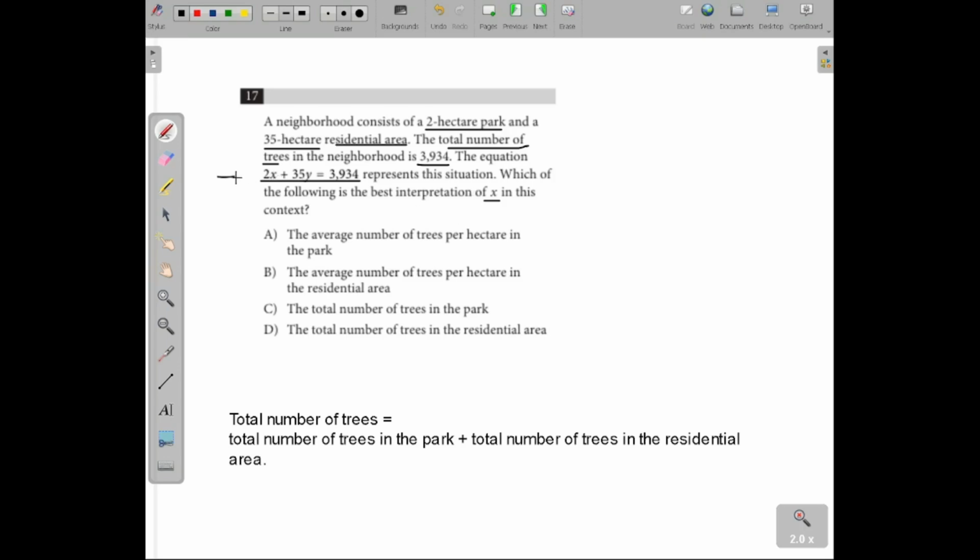So, given this equation, we need to find what x represents. And 2 is associated with the hectare park. So x has to contain park in the answer, park, not residential area, like B and D. Therefore, we eliminate those options.